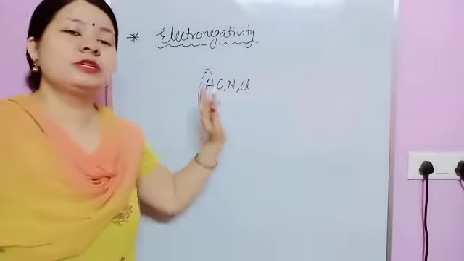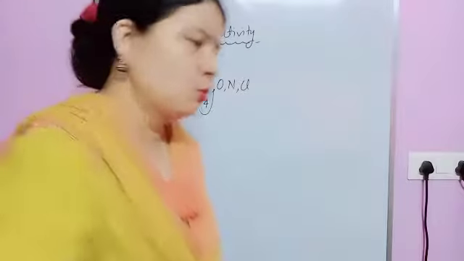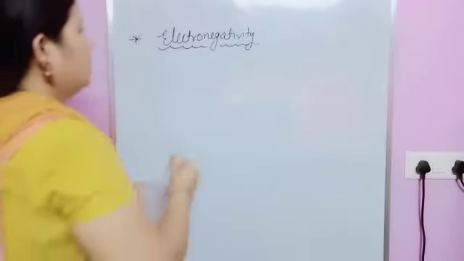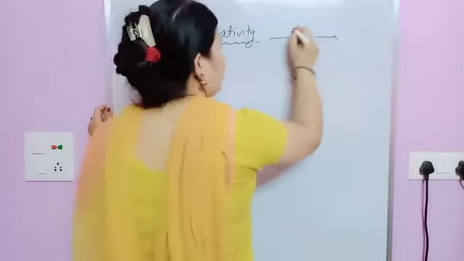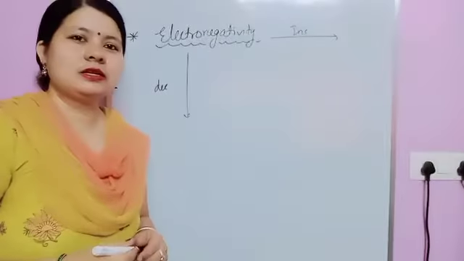Now on this basis you can easily identify which element attracts the electron most. Now just see the variation: down the group electronegativity decreases and across the period it increases. The reason is that down the group size increases.